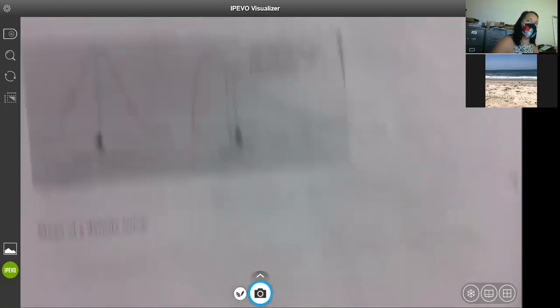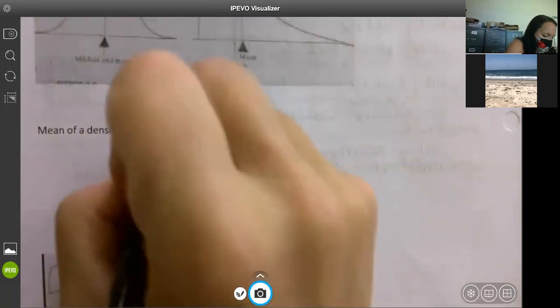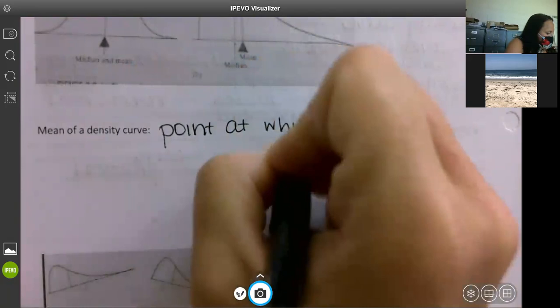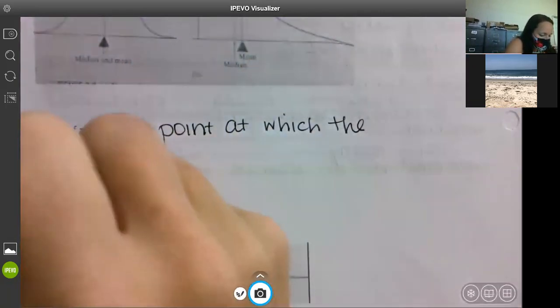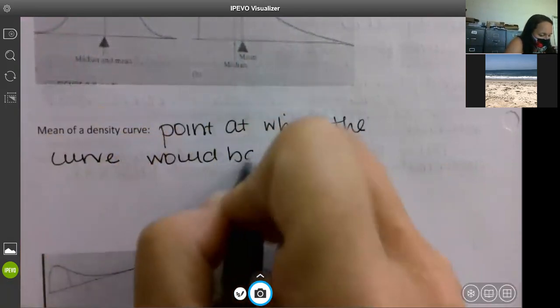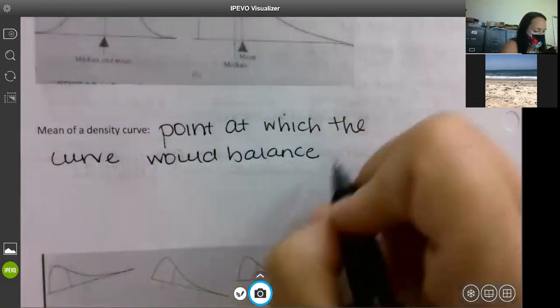Mean of a density curve is the point at which the curve would balance if made of solid material.